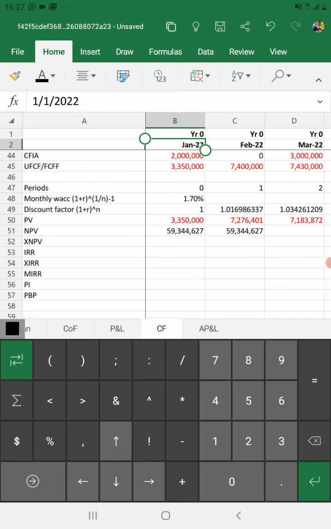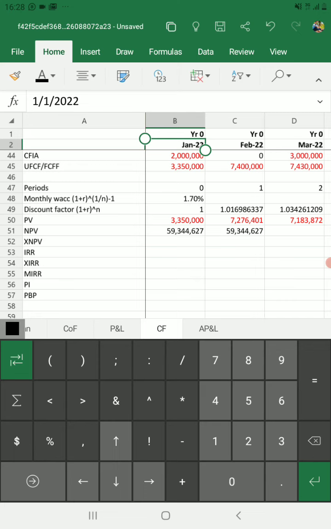The way the dates are arranged, they start from the beginning of the month, because I just typed Jan 22, Feb 22, so it takes the start of the month. But for the timing of the cash flow, we have assumed, and this is true for this case, that our projected cash flow is evenly distributed throughout the month.